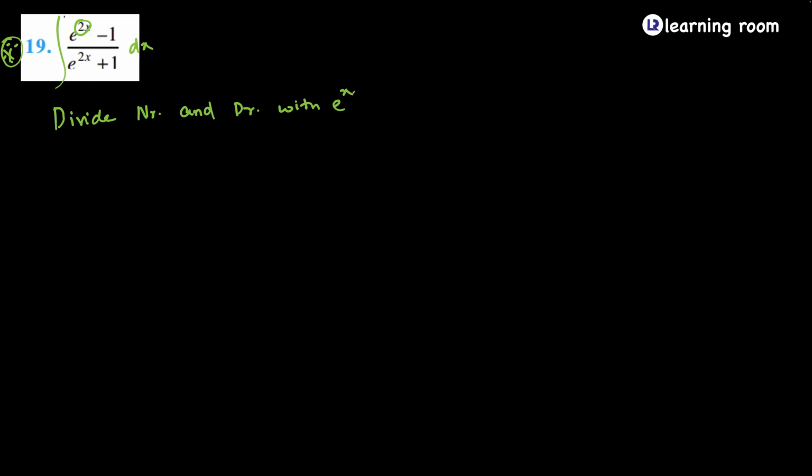When you do this, you will get integral of e power 2x by e power x is going to be e power x minus 1 by e power x is going to be e power minus x. Is there anyone having doubt in this step? So basically what I did is e power 2x minus 1 divided by e power x is there. No, I split it to each term.